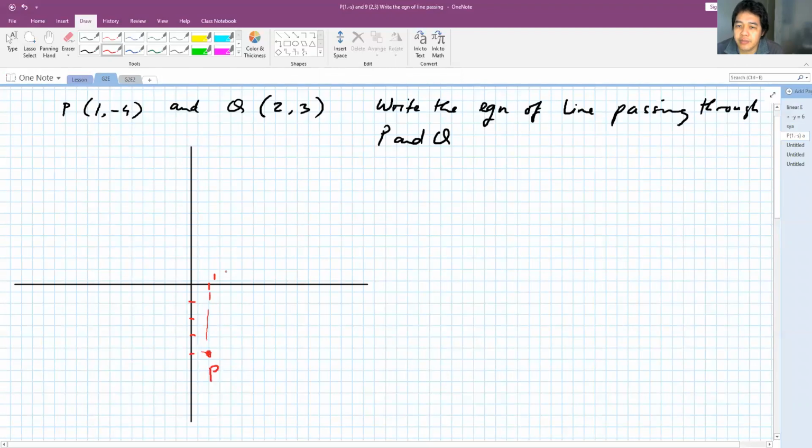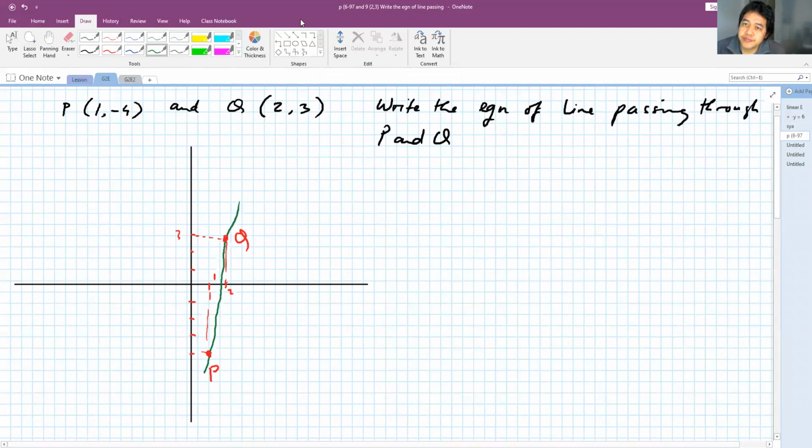And then the second point is at 2, 3. So this is 2 here, 1, 2, 3. Okay, so now when you connect these 2 points, P and Q, the line that you will get is something like this.